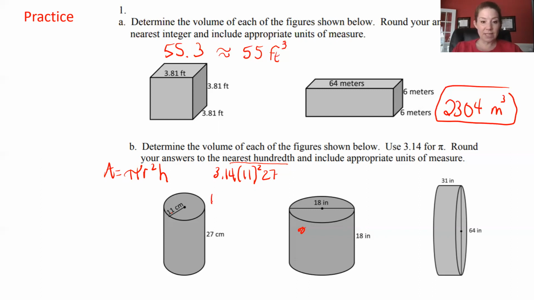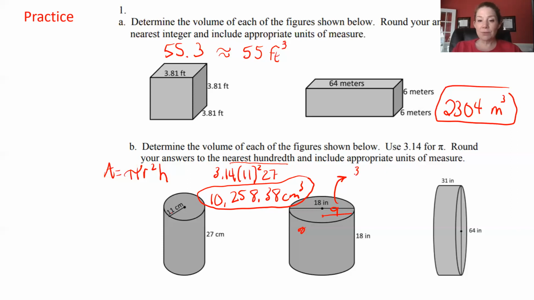So the first one is 10,258.38 cubic centimeters. All right, and then the second one, if the diameter is 18, what is the radius? The radius is 9, right?